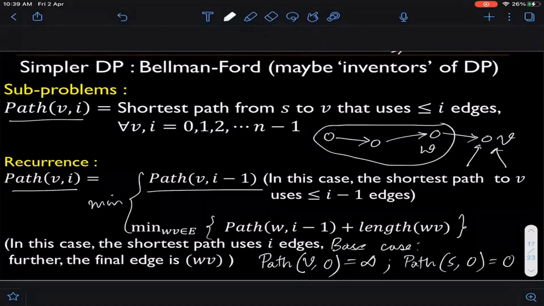I'm not writing this for all I, and the reason is, remember, for now we are assuming that the graph does not have a negative cycle. If the graph does not have a negative cycle, then surely you can write the base cases as path S comma I is equal to 0 for all I. You can safely write that because you are assuming there are no negative cycles in your graph.